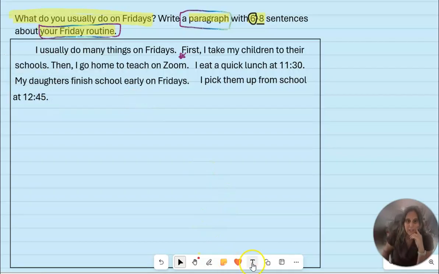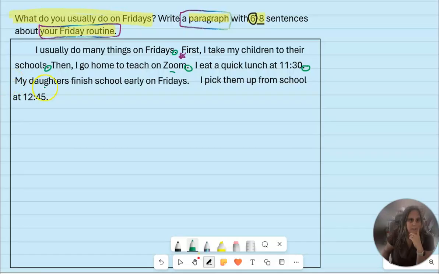I can go back and look, and I'm going to count my periods because every sentence needs a period. So I usually do many things on Fridays, period. That's one sentence. First, I take my children to their schools. Sentence number 2, period. Capital letter. Sentence number 3, I go home to teach on Zoom, period. I eat a quick lunch at 11:30, period.